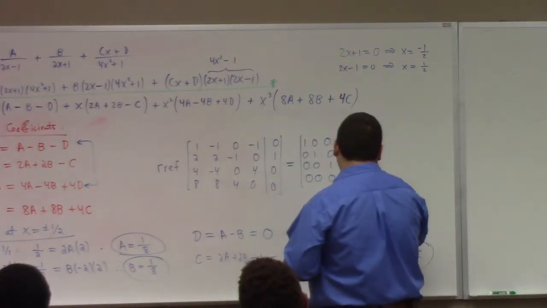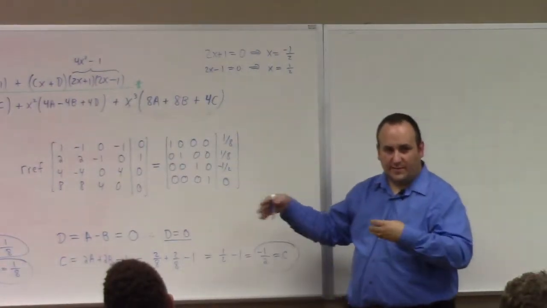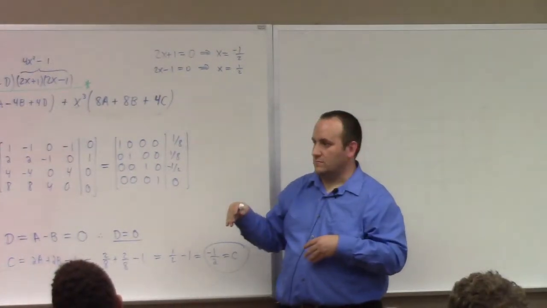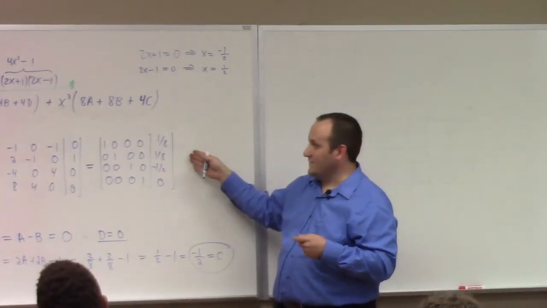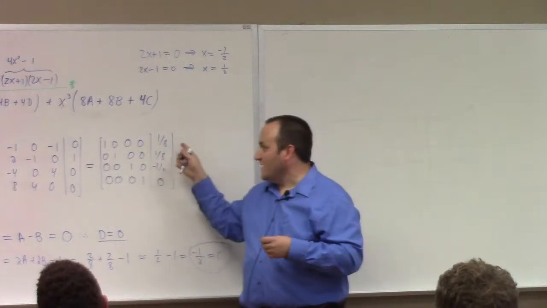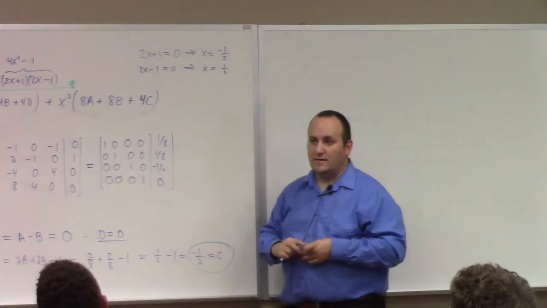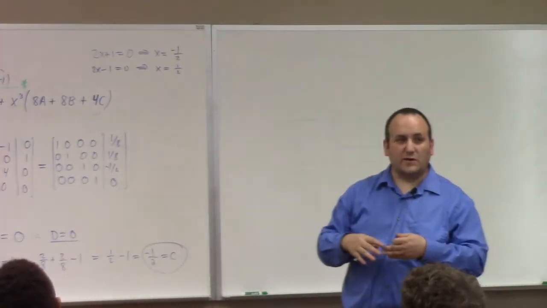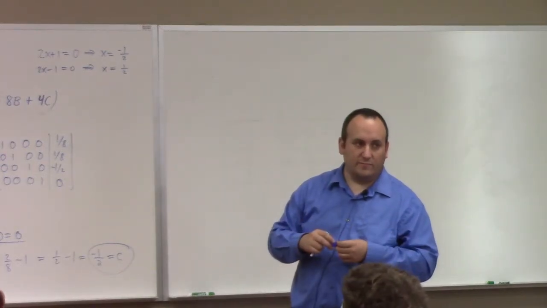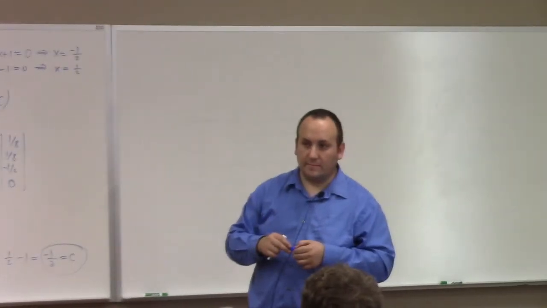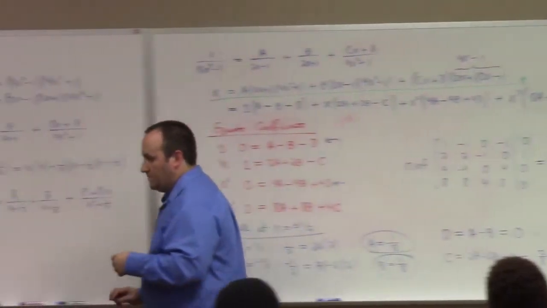And if you understand what that means, you can add and switch equations, multiply them by numbers, do allowed operations to equations. And this is an equivalent system of equations. This system says A is 1/8, B is equal to 1/8, C is equal to minus 1/2, D is equal to 0. You guys will learn this in Math 221 or Math 321. But some of you have seen it in high school, I hope, or college algebra. I saw this in college algebra, but whatever.